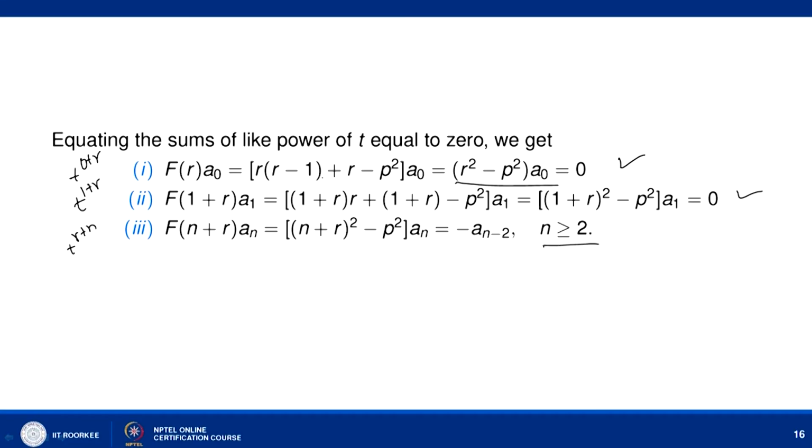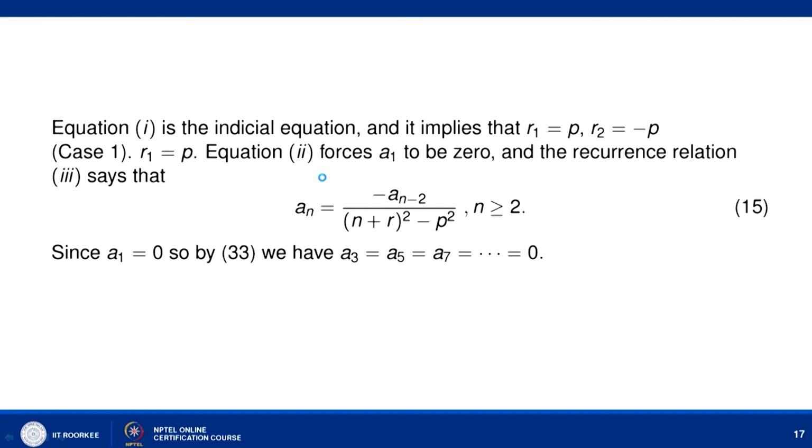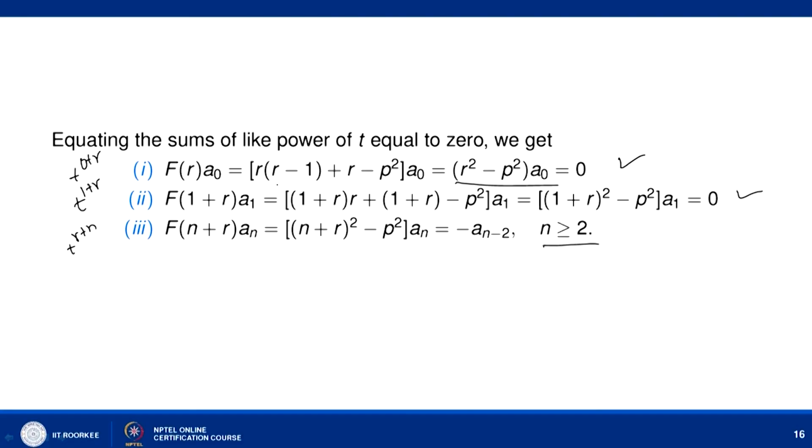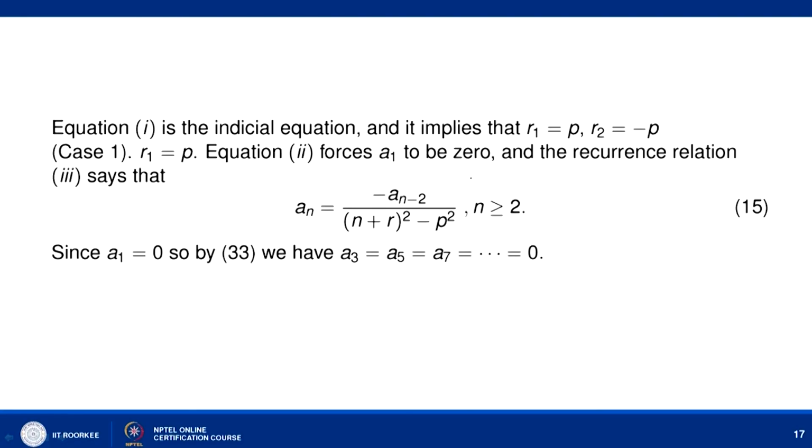The first equation will give you the possible values of r for which we will get a solution. From equation 1, which is known as the initial equation, this will give the value of r. The values are r1 equal to p and r2 equal to minus p, since r square minus p square is equal to 0, so r is plus or minus p.